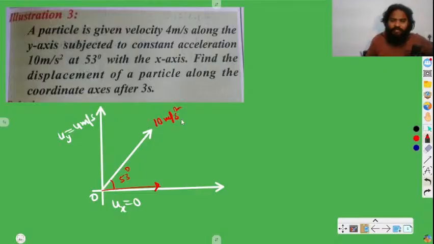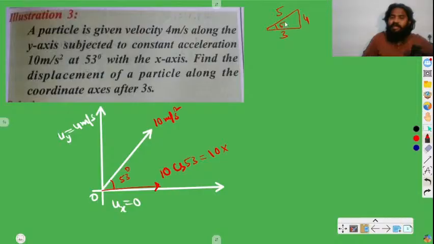Then the horizontal component is 10 cos 53, that is equal to 10 into what is cos 53. Cos 53 you know, right? If the angle is 53, then opposite is 4, adjacent is 3, hypotenuse is 5.